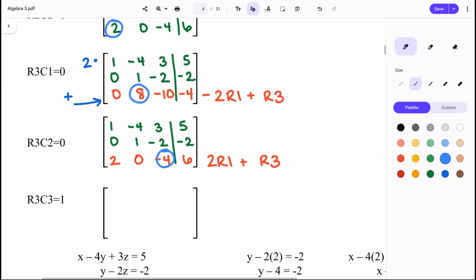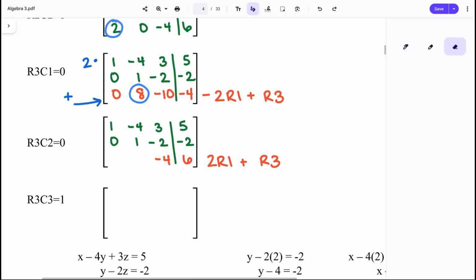I'm also wondering if maybe we go back. Is there another way to make the 8 become a 1? It's a lot of math. I'm going to erase this, and I'm going to see if we can rewrite this a little bit.